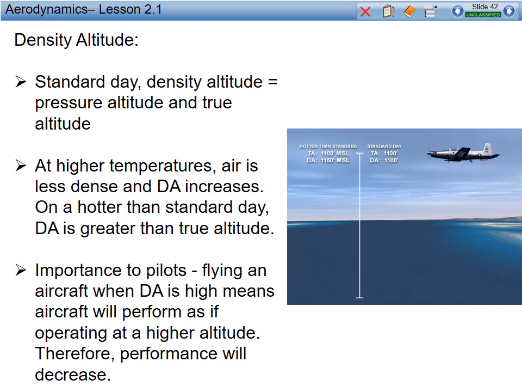This is important because flying an aircraft when density altitude is high means the aircraft will perform as if it's operating at a higher altitude. Therefore, performance will decrease.